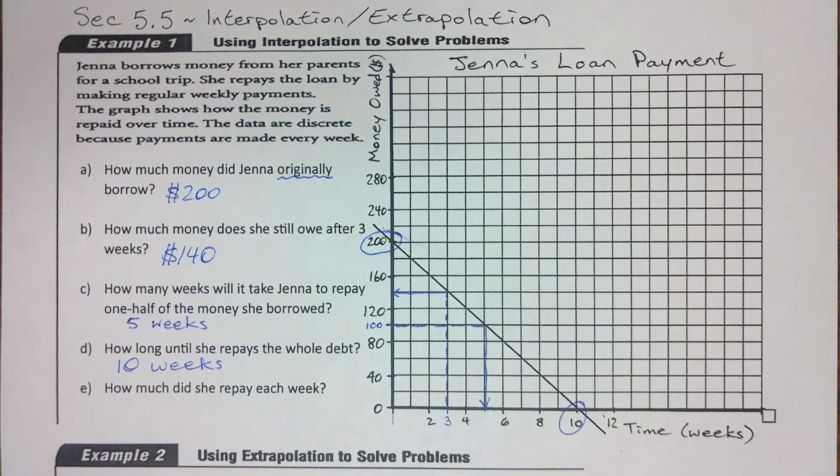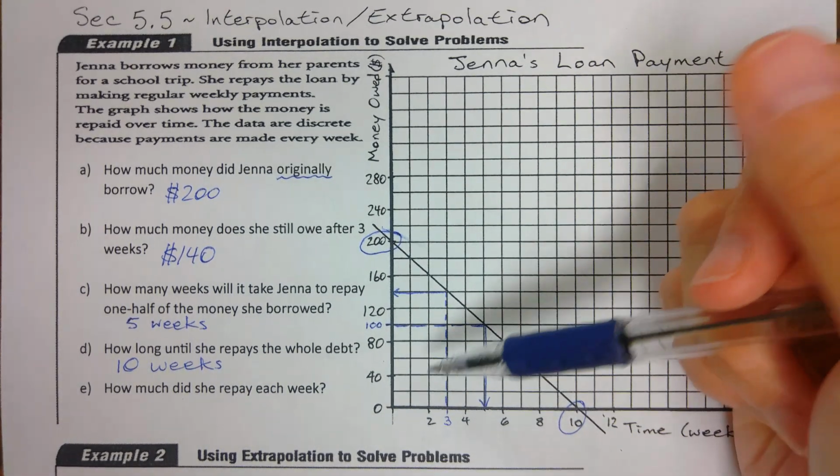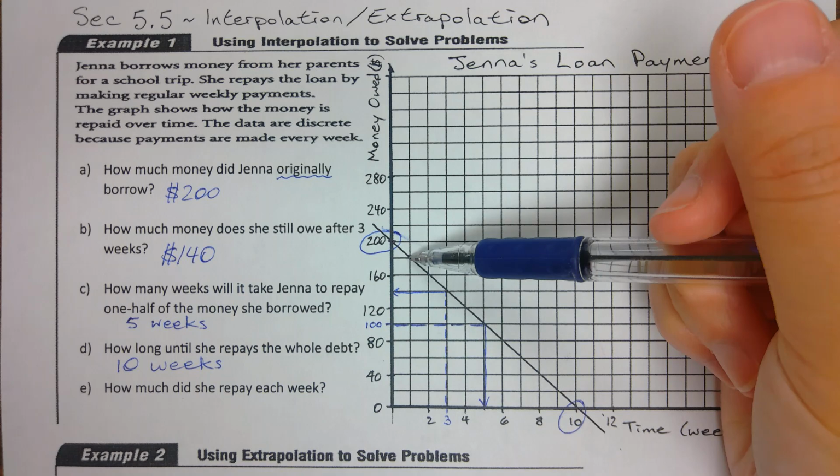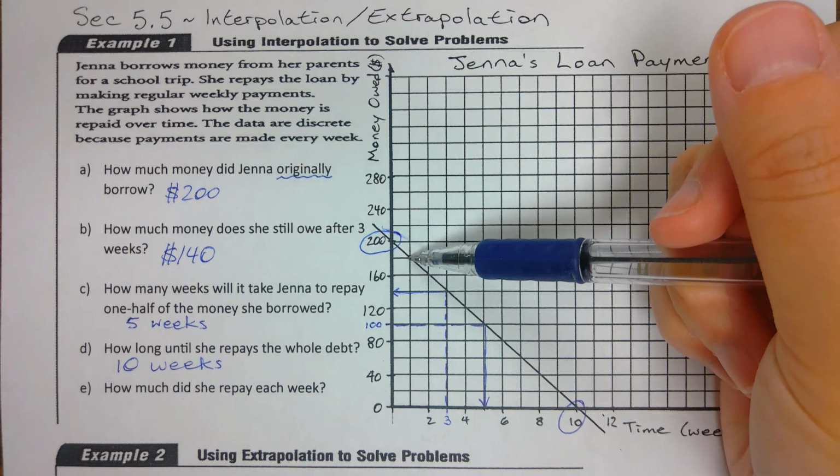Okay, and now if you take a look at this problem, how much did she repay every week? Okay, Charles. 20. How did you know? Because it says $20. Okay.